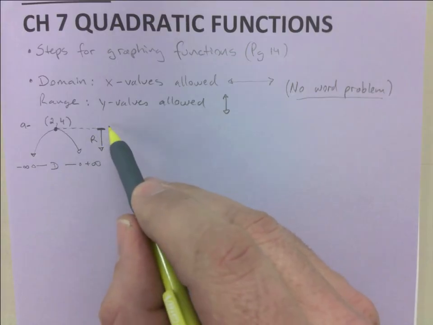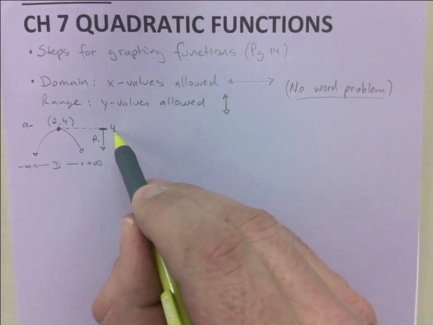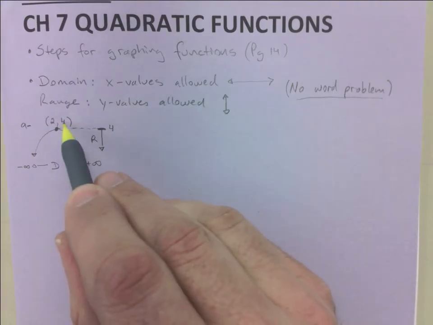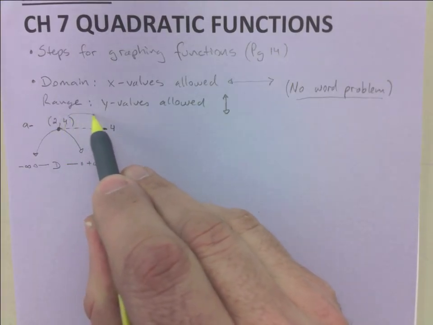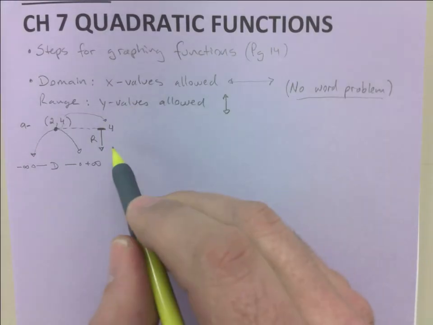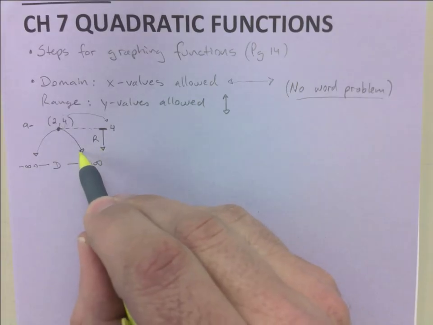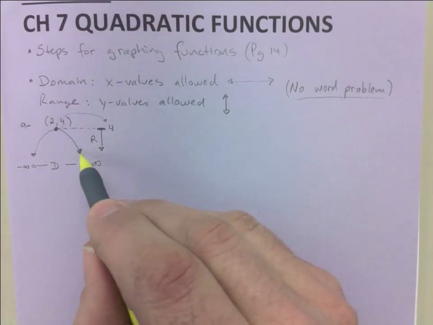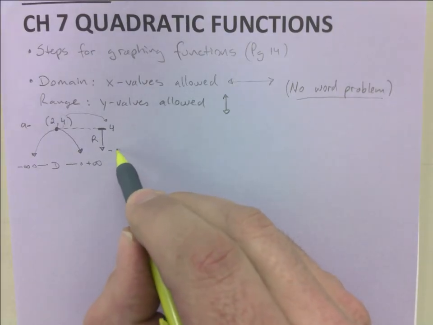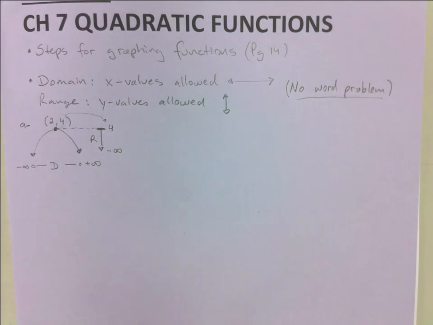For the range, the highest we get is 4, right? Due to this y value. This y value is what tells me how to find it. And where do we go? Like if there's arrowheads on both legs, this continues to go down indefinitely. So it goes to negative infinity in this case.